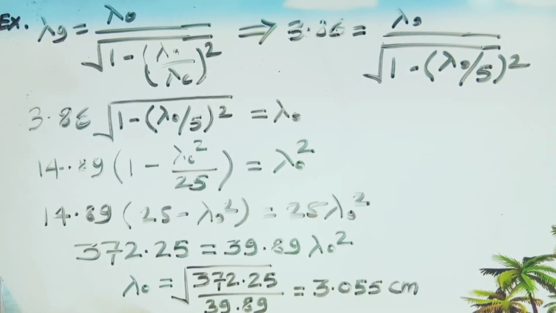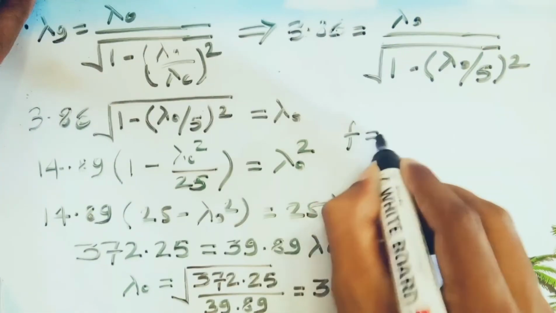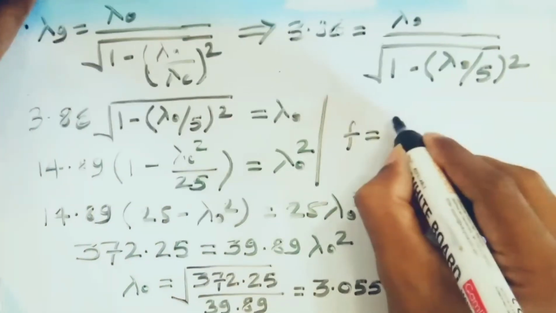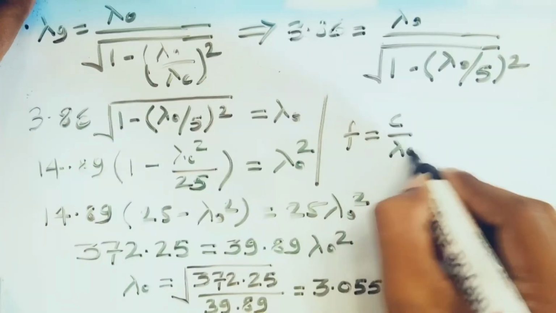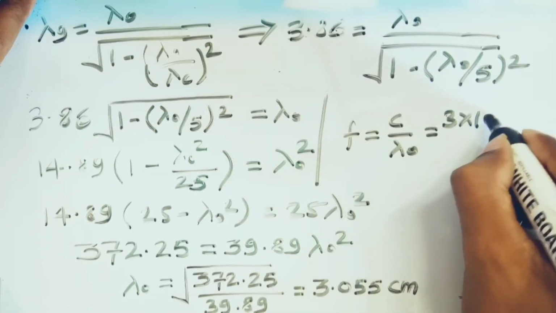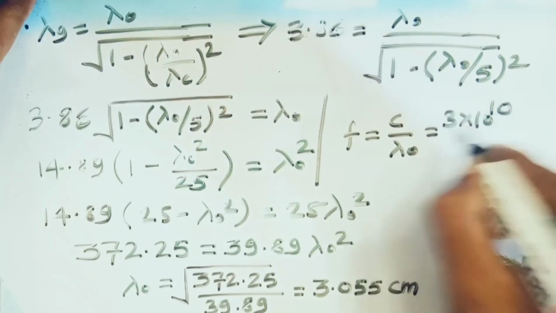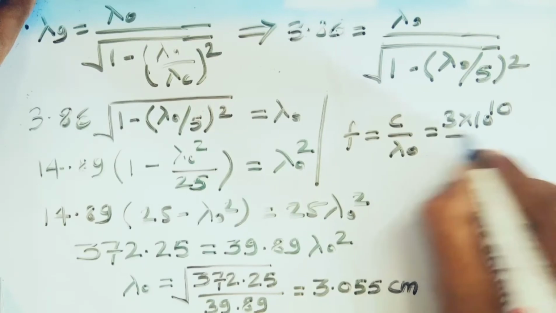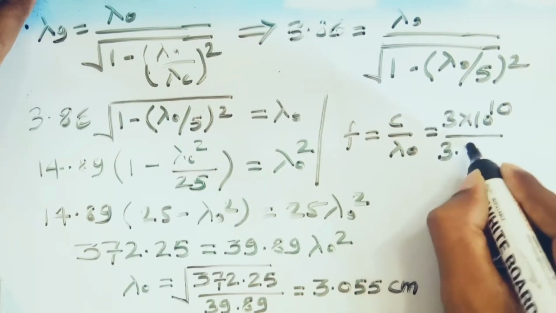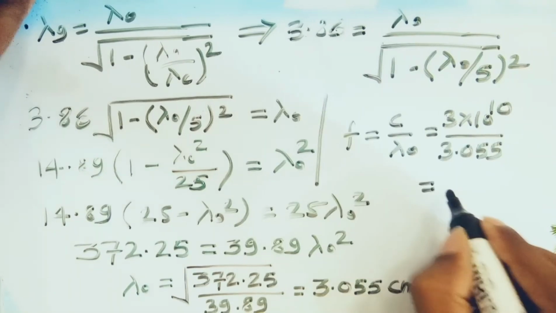Now we have found the value of lambda 0, and from this lambda 0 we can find out the value of f. So we know that f becomes equal to c divided by lambda 0. The c is nothing but 3 into 10 raised to power 10 in terms of centimeter, so 3 into 10 raised to power 10 divided by 3.055.